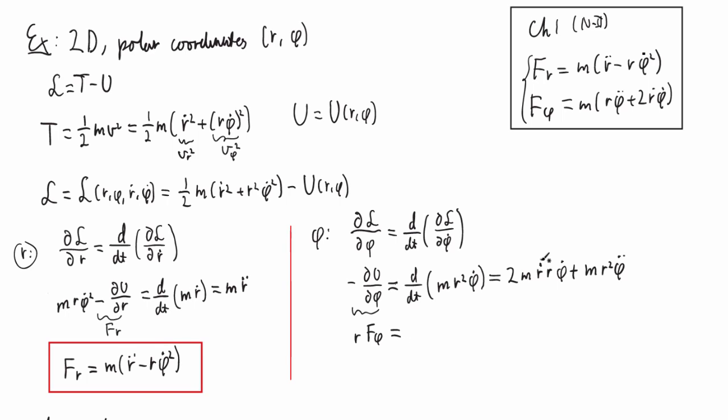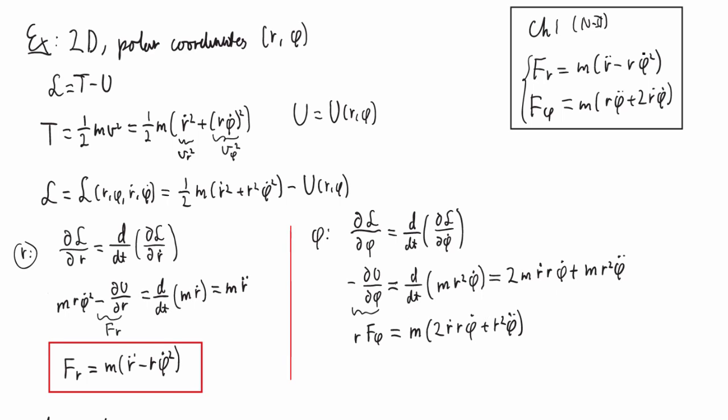All right, so we can take the m out in front, so this becomes m times (2 r dot r phi dot plus r squared phi double dot).